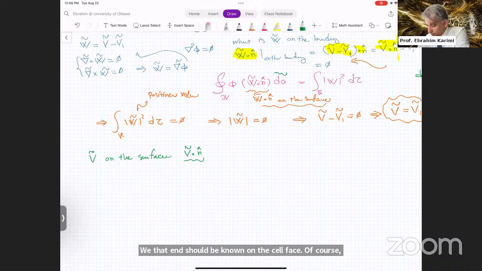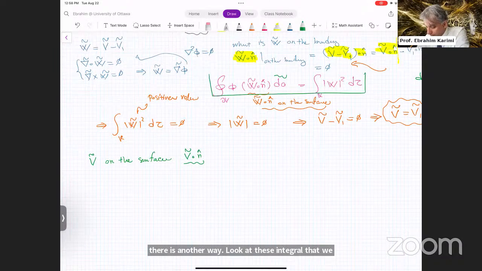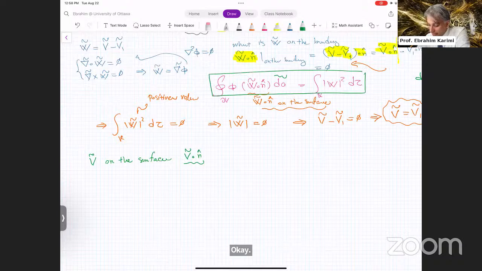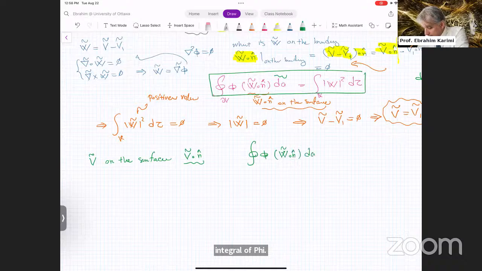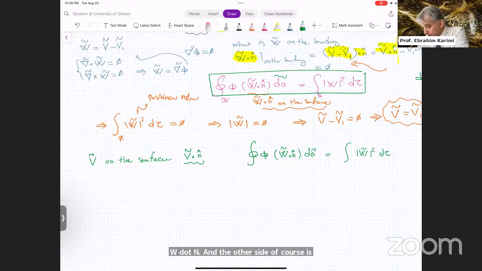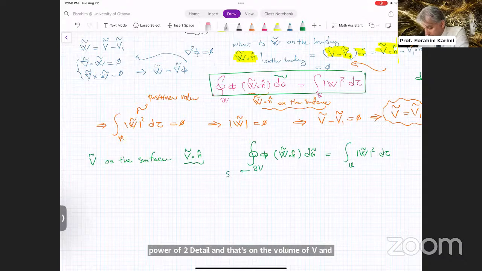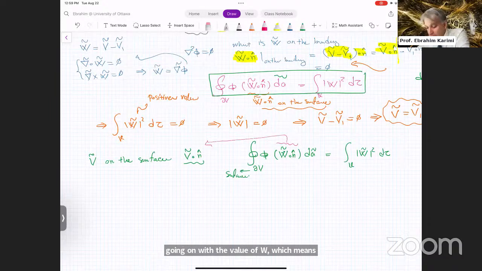Look at this integral that we had here. Two things show up on the surface. One is the integral of phi w dot n dA, and the other is the integral of w magnitude to the power of 2 d tau, which is over the volume of V, while the first is on the surface, which is what we call the boundary. So far we talked about the value of W, which means the value of V on the surface.